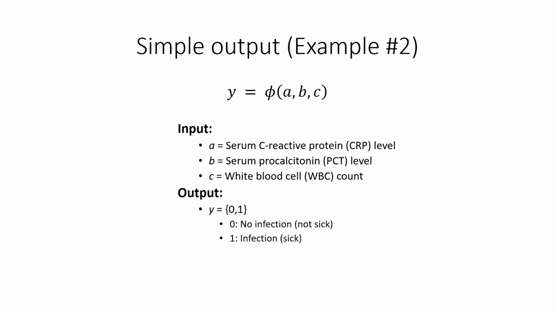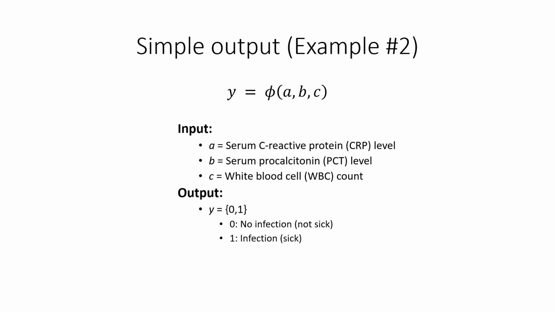Something else you could do is predict whether someone has an infection based on C-reactive protein levels, procalcitonin levels, and white blood cell count. In this example, A represents the serum C-reactive protein level, B represents the serum procalcitonin level, and C represents the white blood cell count.